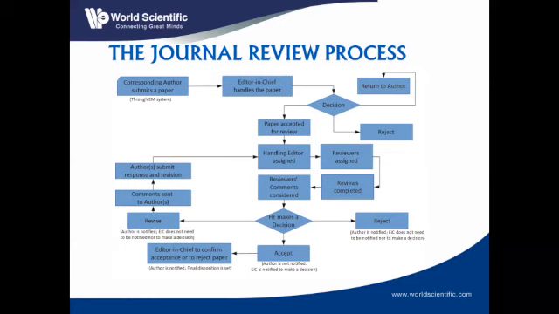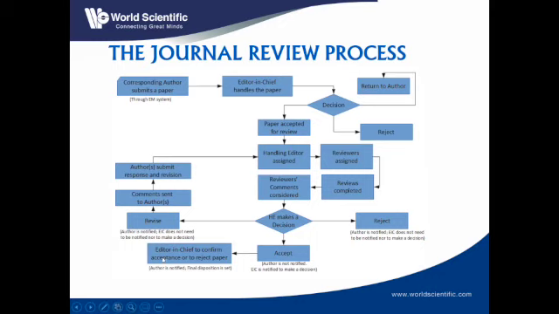If the reviewer suggests straight away to reject the paper and the handling editor agrees, the paper will be rejected accordingly. And if it's a straight acceptance, then the handling editor will make the decision and say, okay, I want this paper to be accepted.